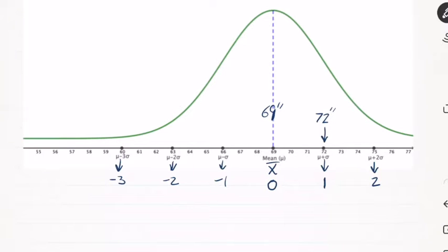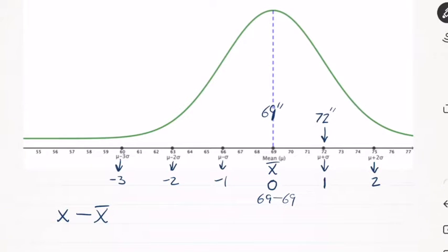All right. So one way to make 69 equal to 0 is literally just to go, well, I have this 69 as a mean, and I'm going to subtract it from itself. So what we're going to do is we're going to call that x minus x bar, where x is the number we're looking at, which is 69, and the mean of the data is x bar, 69, and that would become equal to 0.